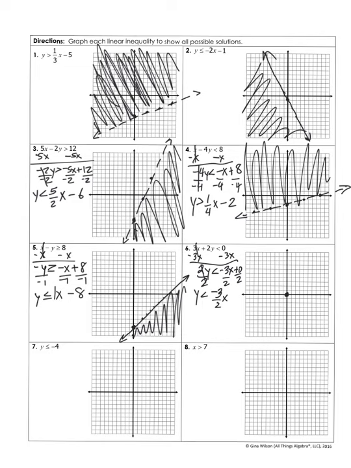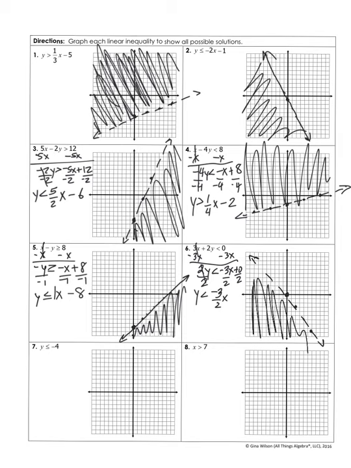It's at 0, 0. And then use the slope from the origin. So down 3, right 2. Down 3, right 2. And since this is a less than symbol, we're going to have a dotted line. And since it's less than, we're going to shade below.